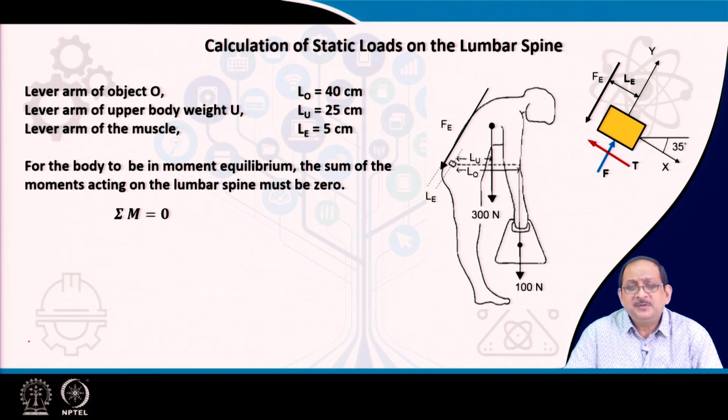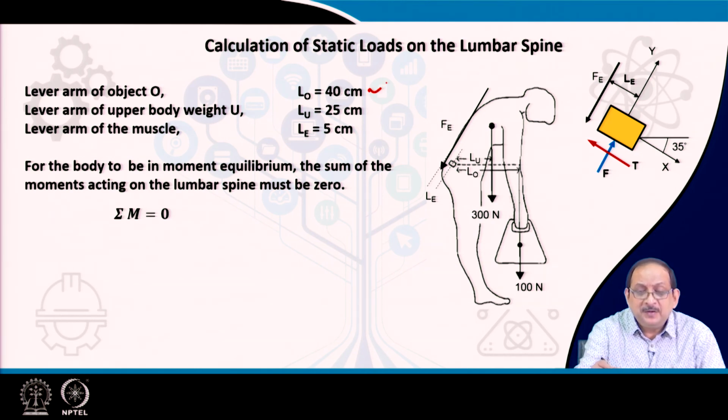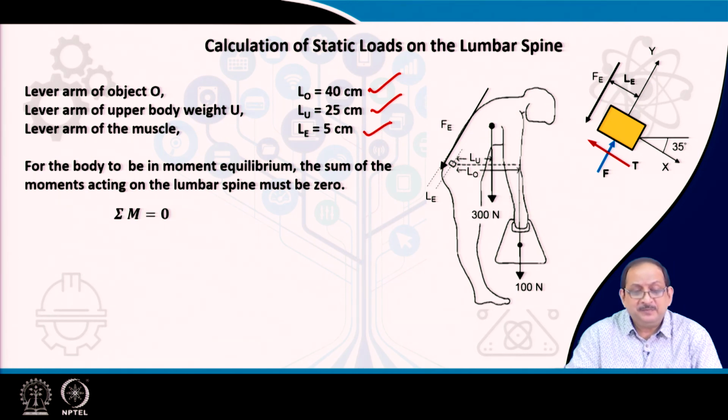the lever arms. So, the lever arm of the object O is 40 centimeter, the lever arm of the upper body weight U is 25 centimeter, and the lever arm of the muscle is 5 centimeter. Now, for the body to be in moment equilibrium, the sum of the moments acting on the lumbar spine must be equal to 0.